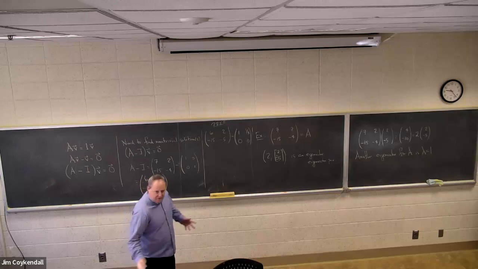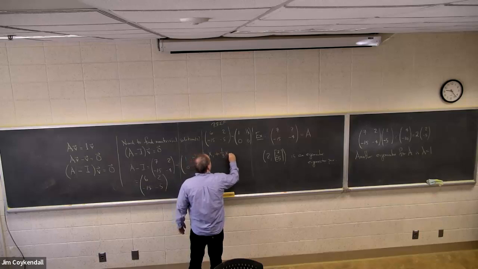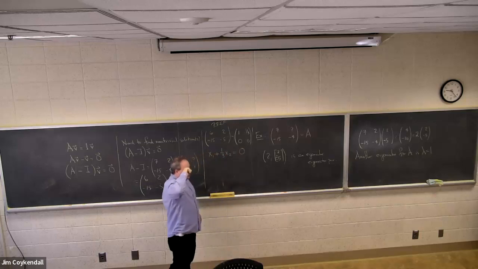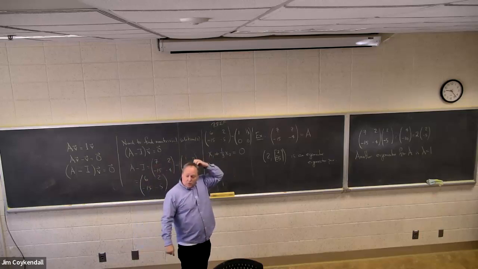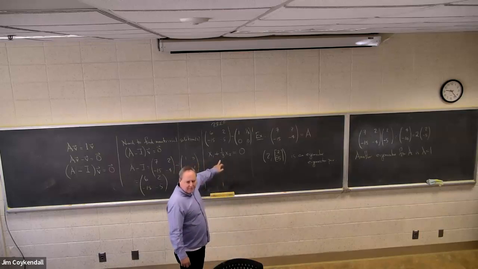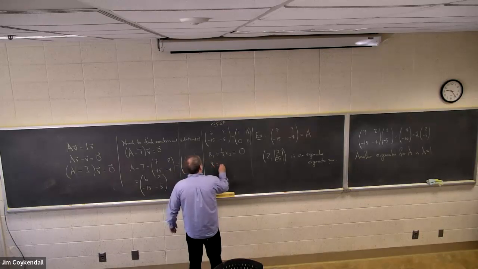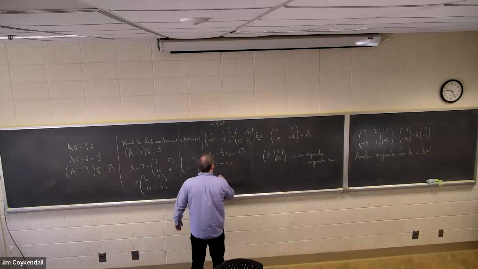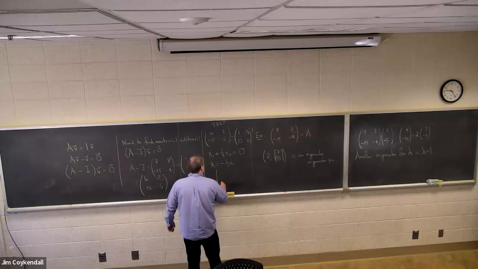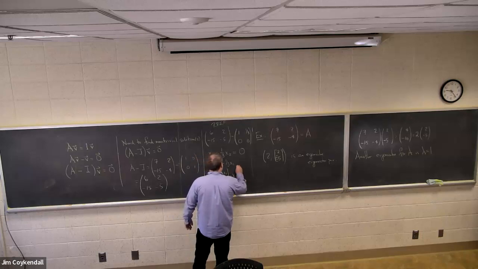This is an easy homogeneous system to solve. I have x1 plus 1/3 x2 equals 0. So my basic variable is x1 and my free variable is x2. The dimension of my null space should be 1, because there's 1 free variable. I get x1 is minus 1/3 x2. So the solution is x2 times the vector minus 1/3, 1.